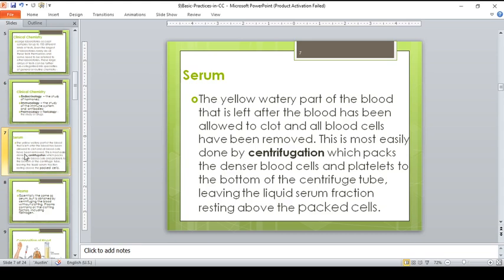Serum doesn't have an anticoagulant, okay? So there is no chemical that prevents the coagulation process when you utilize a serum. That's why it doesn't have fibrinogen, okay? So it does not also contain any anticoagulant.